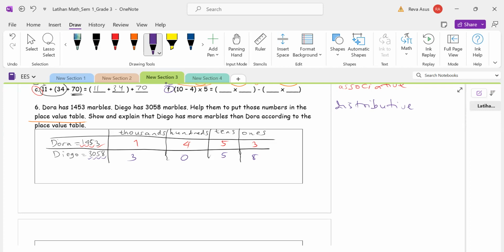Explain why Diego has more marbles than Dora according to the place value table. To compare something, we need to see by the biggest place value. The biggest place value here, we have thousands. If we see the number here, Diego has 3,000, meanwhile Dora has 1,000. So the digits, oh, let me just type it.